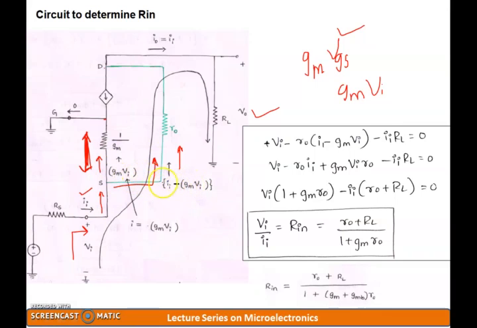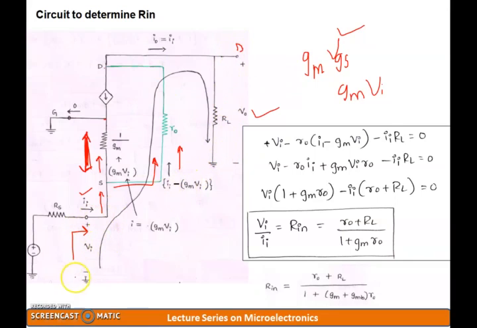If I summate these two current equations, the Gm into Vi terms cancel out and I get the same II current, which means my analysis is right. So II minus Gm into Vi is entering R naught and finally it reaches the RL terminal, and then I can say that the output will be coming at the terminal D and ground.